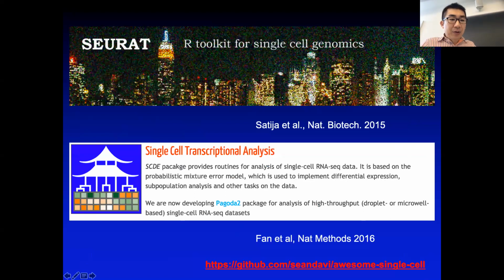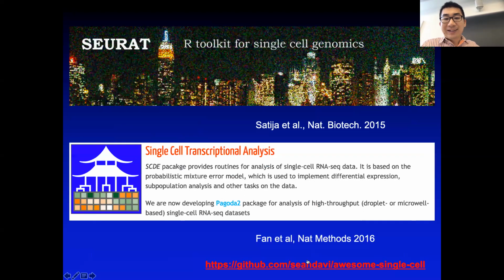Another tool is named Pagoda. Pagoda has an online web interface, which is interactive. You can use the Pagoda t-SNE and select some cells from the t-SNE plot to do more specific analysis if you are interested in some of these subpopulations.